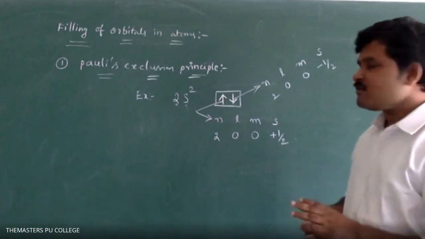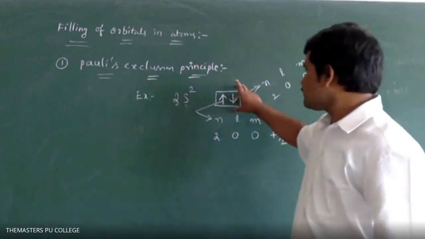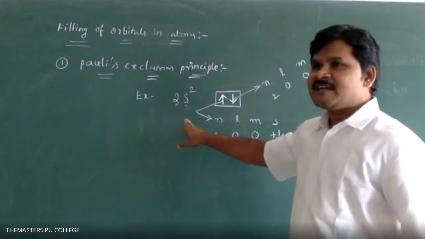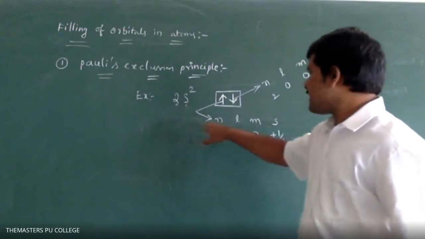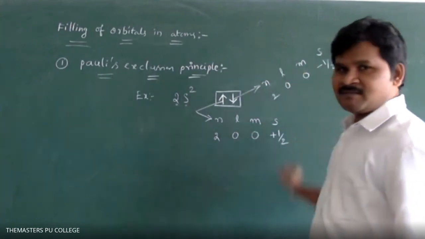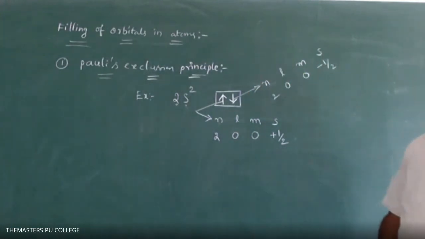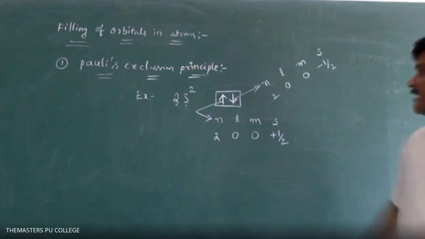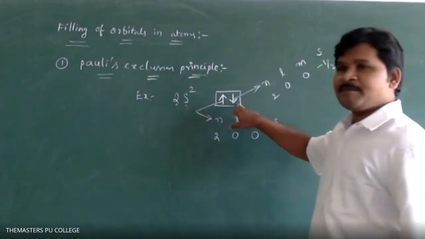While you are writing in notes, you write 2s² and in this box 2 electrons. While writing this explanation, write the quantum numbers for the first electron and for the second electron. You can change the spins: in a box, you can write first one down, second one up.